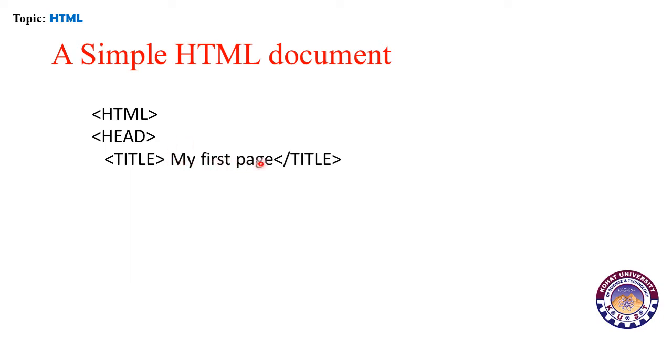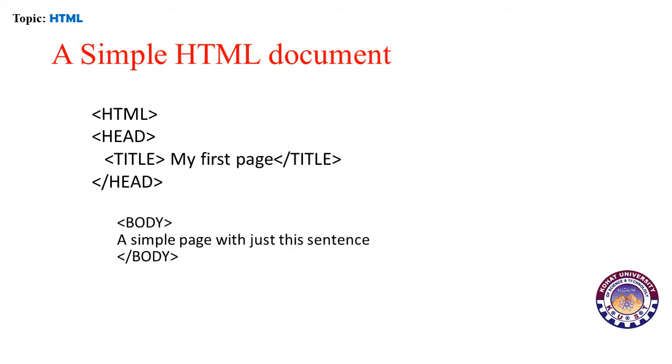This you can change to anything. You have to close it: whenever there is a slash before any tag, it means that the tag is closed. HTML is the whole document, while head starts from here and ends here, while the title starts from here and ends here.